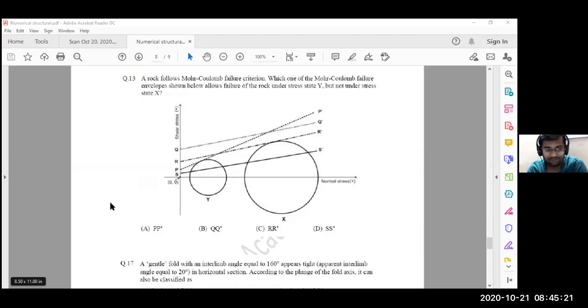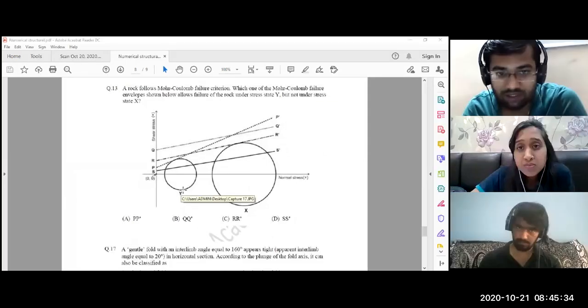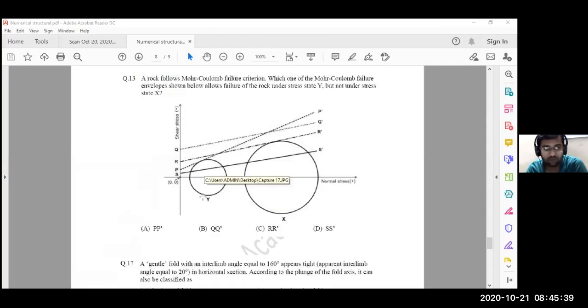Option A. See, the envelope should allow failure of the rock under stress state Y. Means rock Y is about to fail, means your Coulomb line should touch the circle tangentially. So in PP dash, Y is touching the PP dash line, and the circle for X is far below the line PP dash.